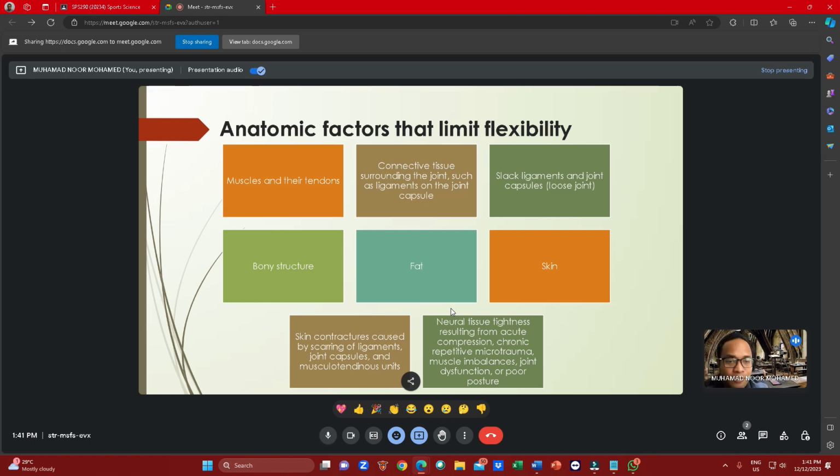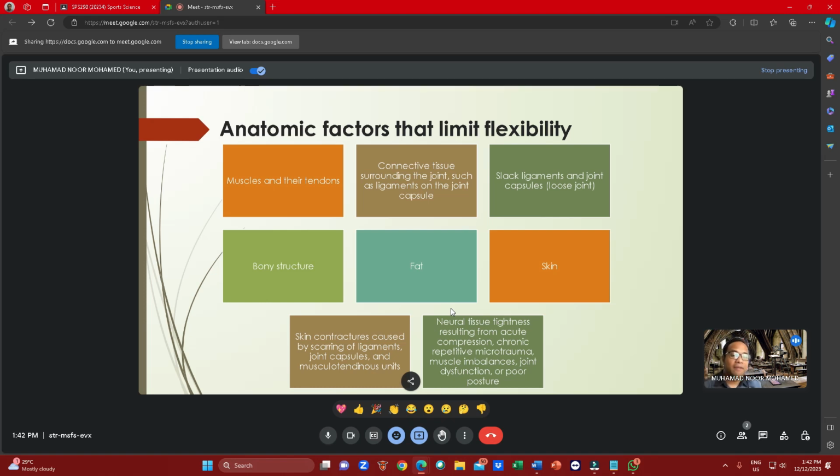Next is slack ligament and joint capsule, or loss of joint stability. This is also a limiting factor of flexibility. Then there is the bony structure, and the fat composition. We know that fat people, or endomorph people, compared to ectomorph people, cannot move as far through the range of motion, simply because they get stuck.